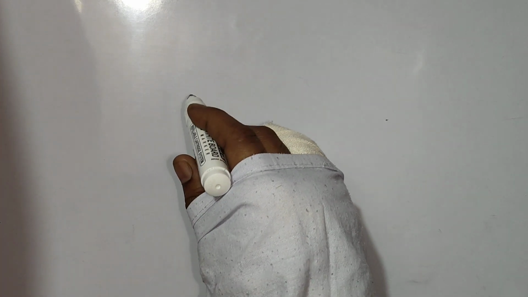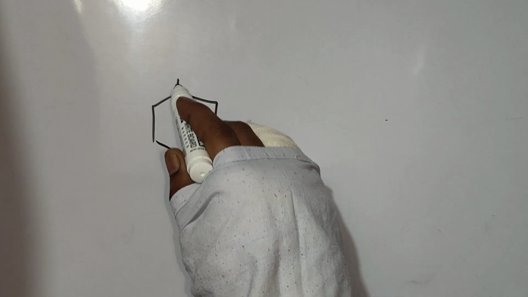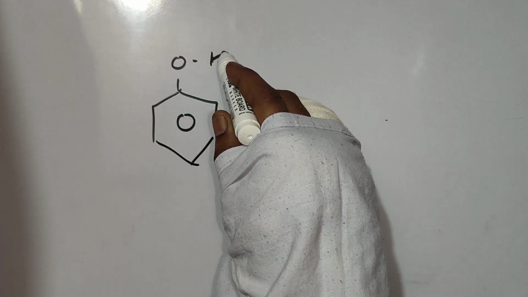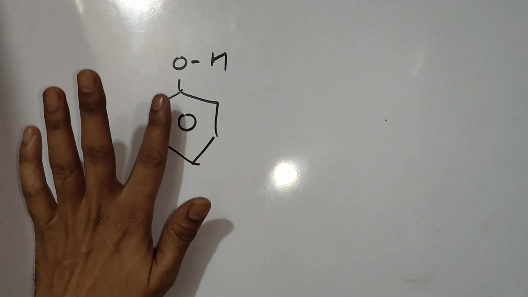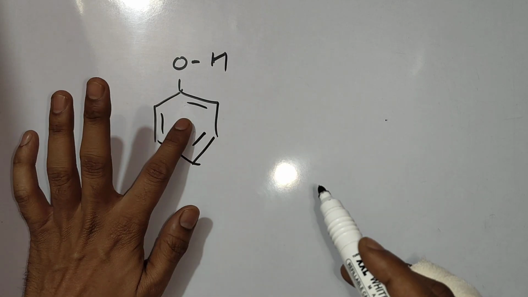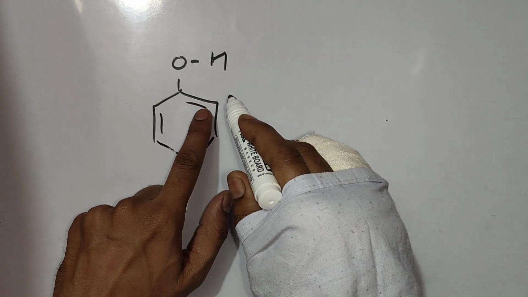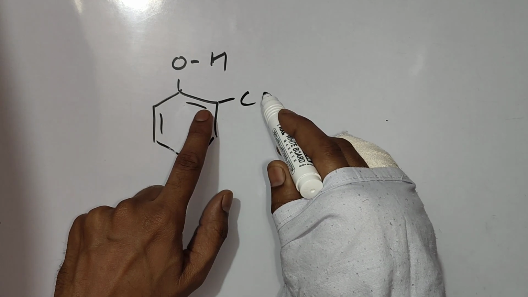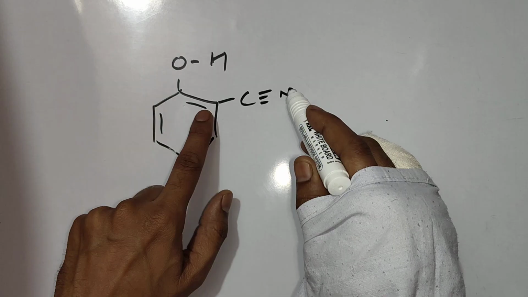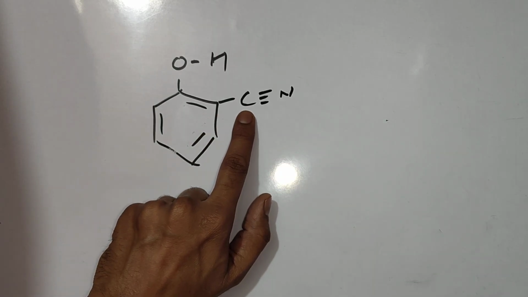Now how will a substituent affect phenol? This is phenol. Now in phenol, if here I am joining a substituent cyanide, first we will check whether it will show minus I effect or plus I effect.